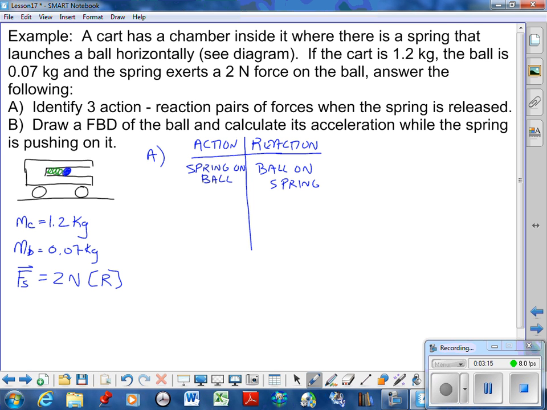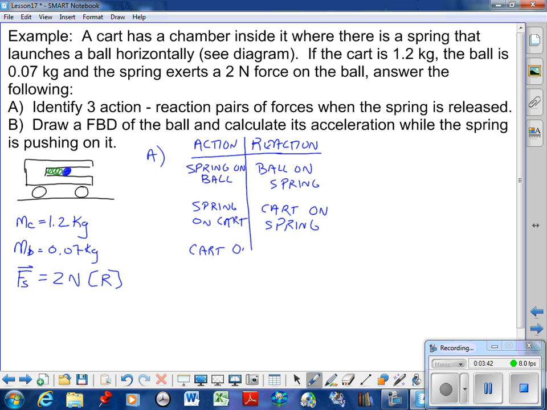So if we follow the spring on the other end then, the spring on cart, well, the reason the ball will shoot away is because the cart is acting on the spring. All right. Similarly, and you can continue this on back as far as we want to go here.